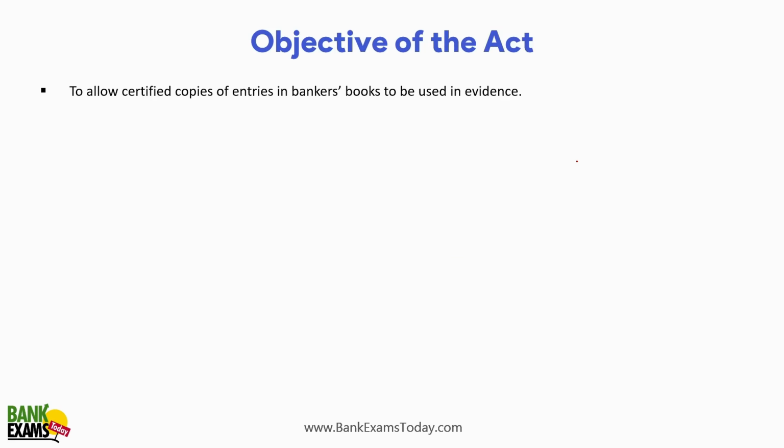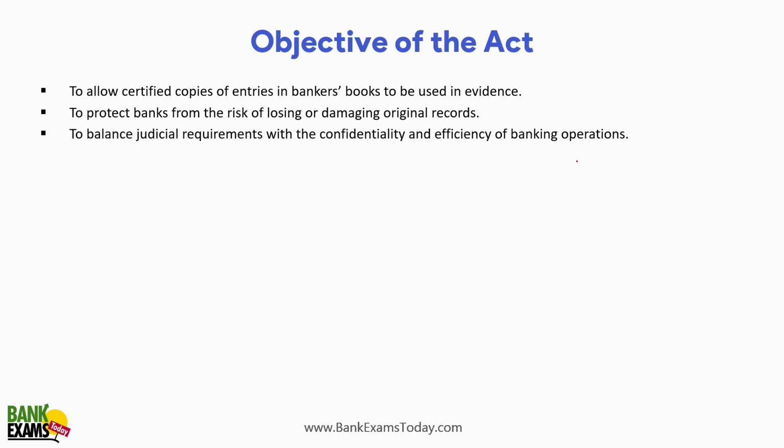So what are the objectives? To allow certified copies of entries in the banker's book to be used as evidence. So if the branch manager signed a statement, that is evidence at the court. It protects the banks from losing the original documents or damaging the original records.